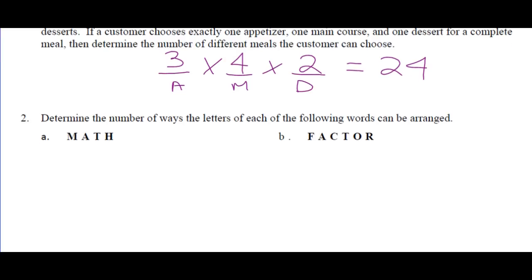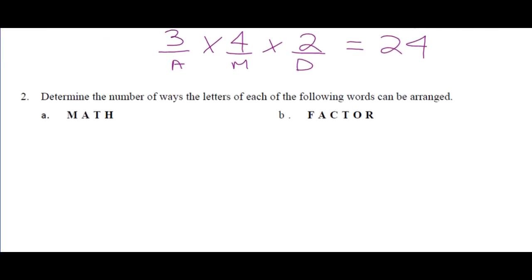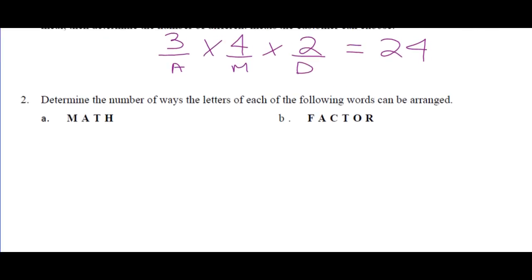Okay, determine the number of ways to arrange the letters of each of the following words. So we like to do arrangements of letters in words, because we're counting, right? We're saying how many. How many ways are there of arranging the letters in the word math? So how many letters are there? 4. So for the fundamental counting principle, I like to put down 4 blanks. Now underneath, I could write first letter, second letter, but I'm not going to.